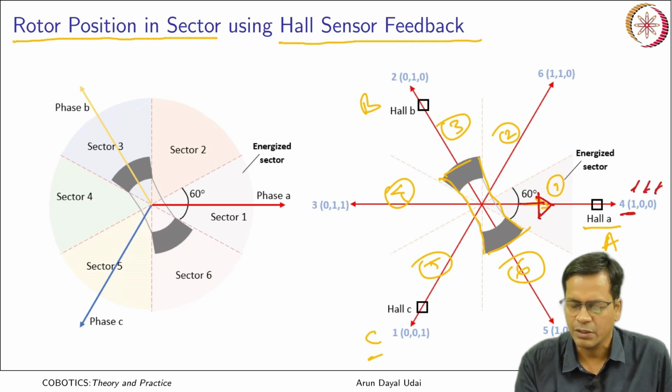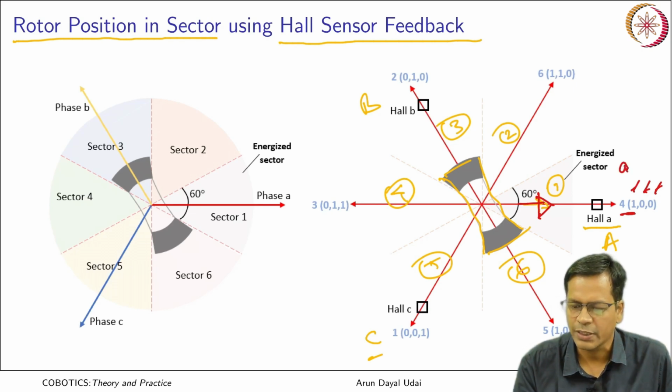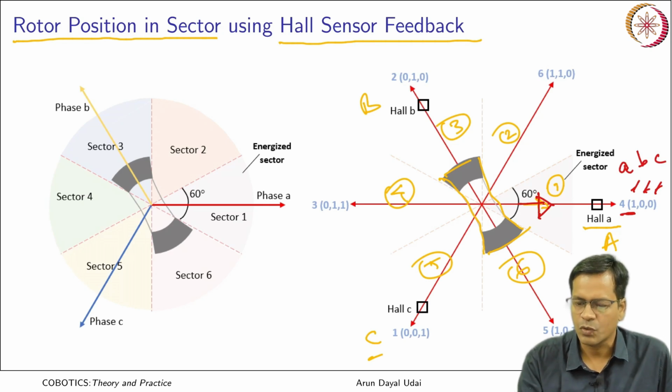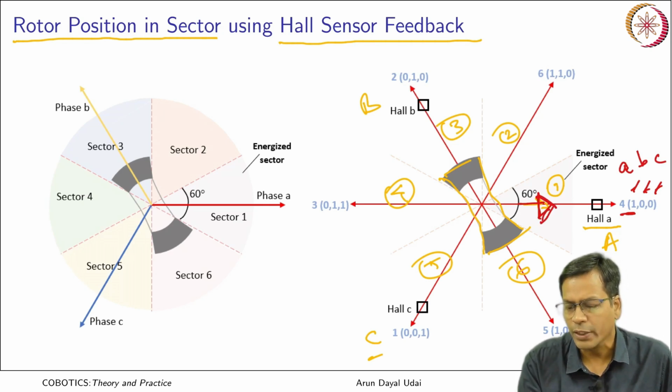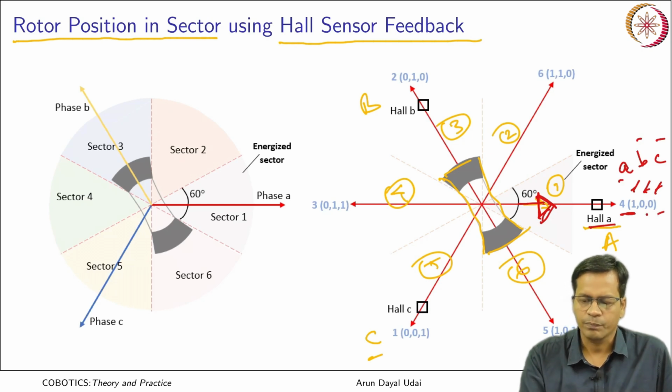These 3 bits will show the state of Hall effect sensors A, B and C, 1 for active, 0 for inactive. So when the rotor is at this location, what happens? Hall effect sensor A is fully energized, whereas B and C are taken as 0. Okay.